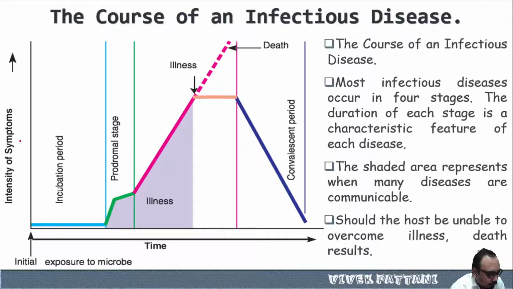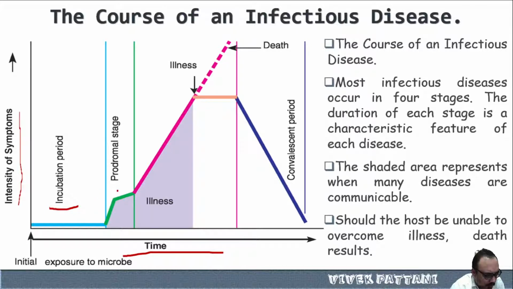So this graph shows the intensity of the symptoms and the time period from the exposure to the microbe. First comes the incubation period, where no signs or symptoms are produced.